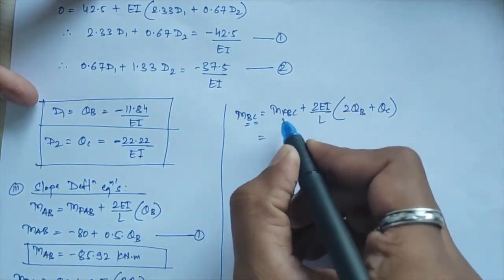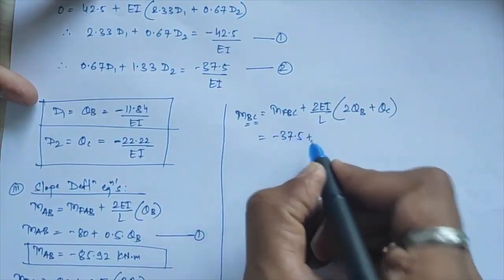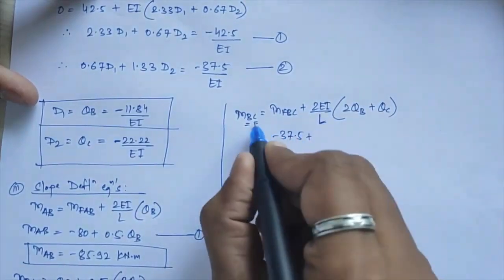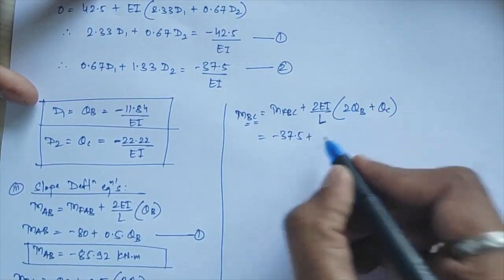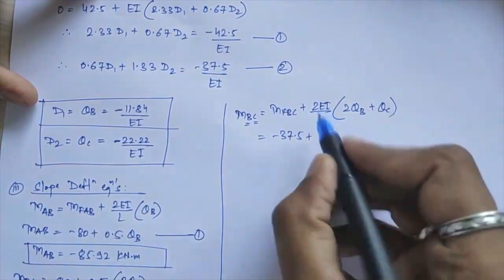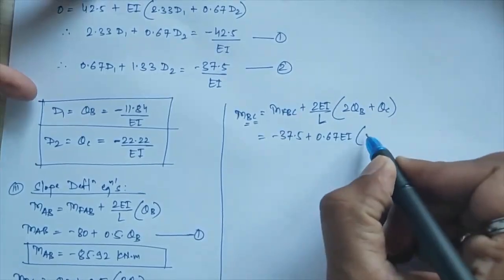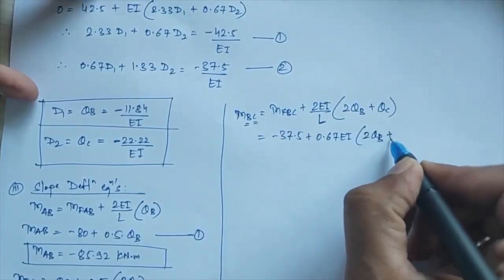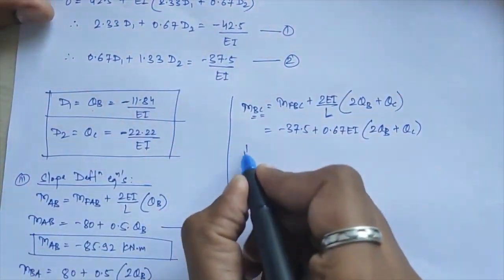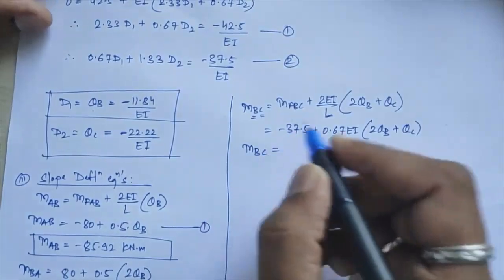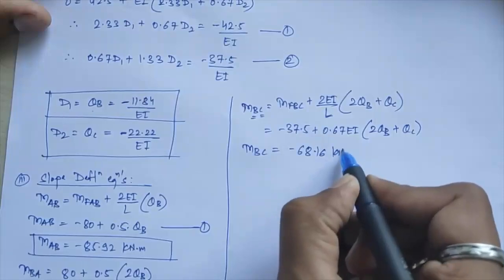If I substitute MFBC, I am getting minus 37.5 plus 2EI upon L. L for BC is 3, so 2 by 3, that will become 0.67 of EI into bracket 2 theta B plus theta C. So here you substitute both the values of theta B and theta C. I am getting MBC as minus 68.16 kilonewton meter.